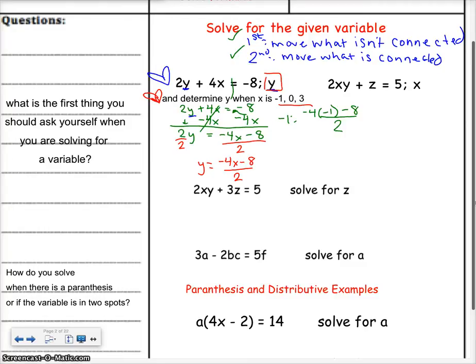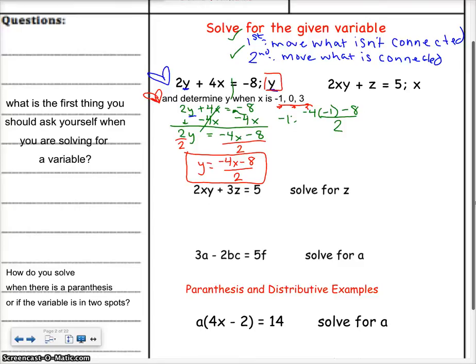So I solved for y, that was this part. And now I need to determine what y is when x is negative 1, 0, and 3. You have to get the variable by itself, and then you need to do 3 different equations. It's a lot. And I'll keep that in mind when I assign your homework.